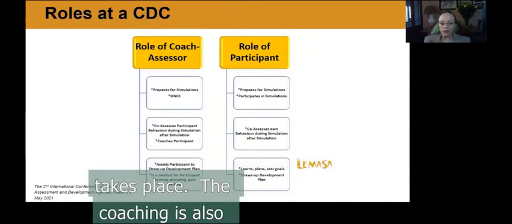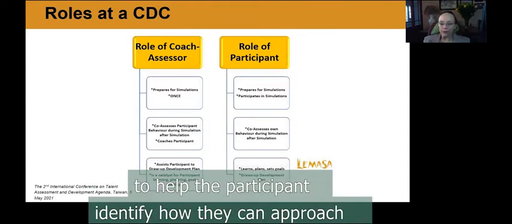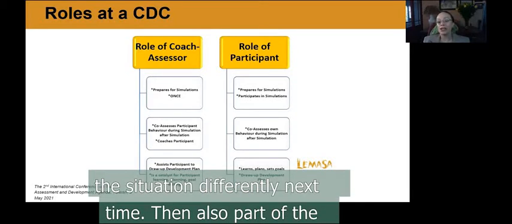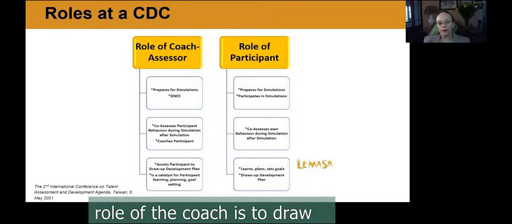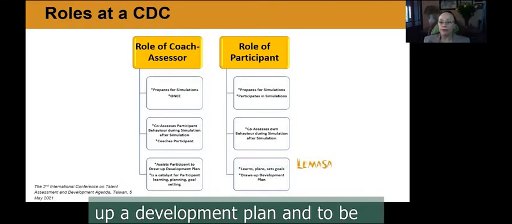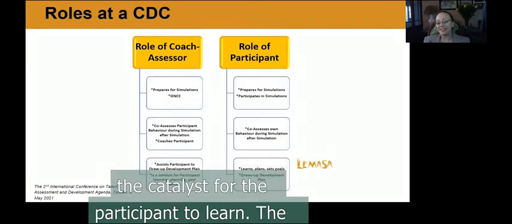Part of the coaching is also to help the participant identify how they can approach this situation differently next time. Then also part of the role of the coach assessor is really to assist the participant to draw up a development plan. And we say that the coach assessor is the catalyst for the participant to learn, plan, and do goal setting.